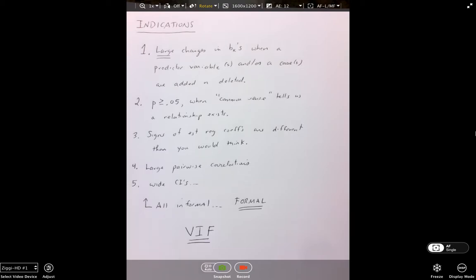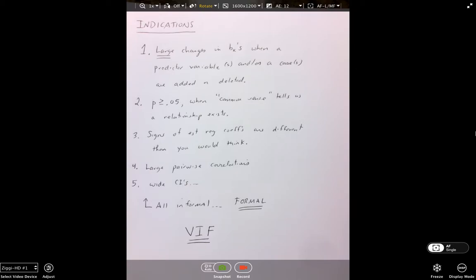And what it does, it tells us how much of the variance in the estimated regression coefficients is inflated compared to if the predictors were not linearly related.